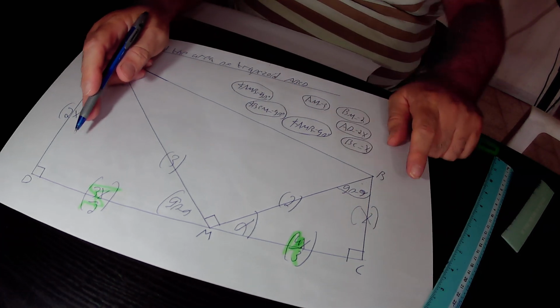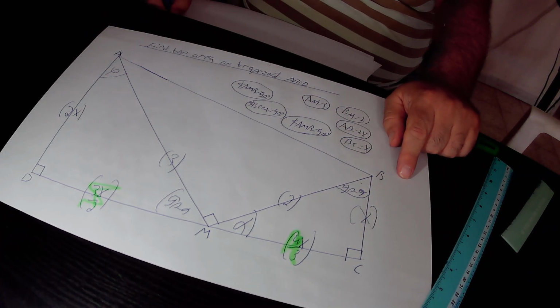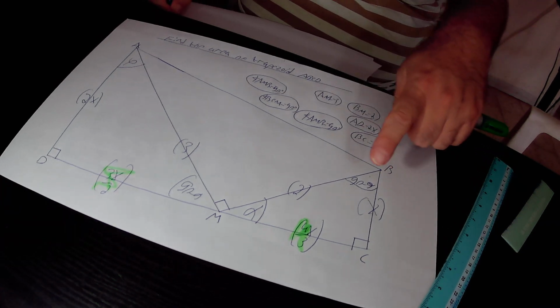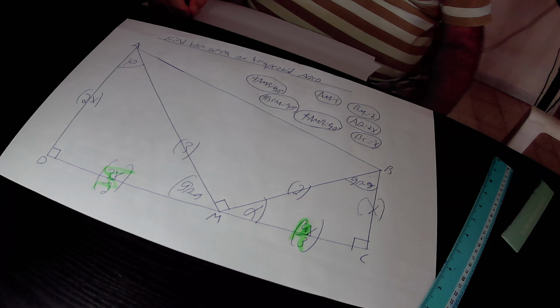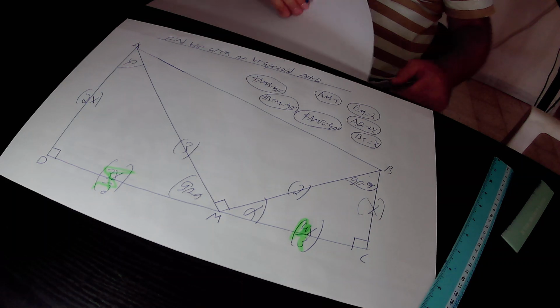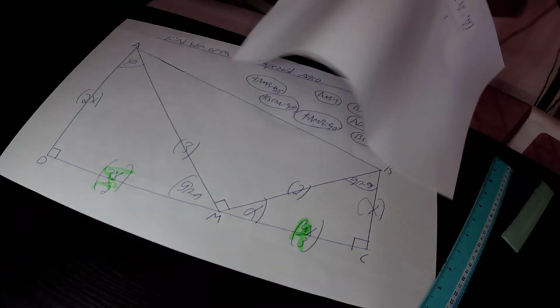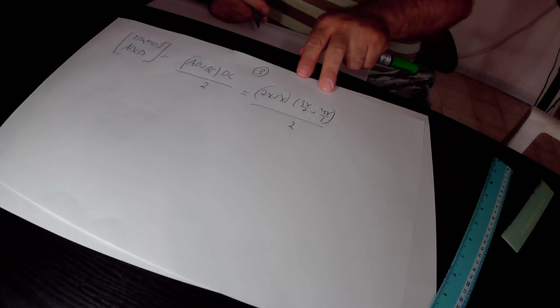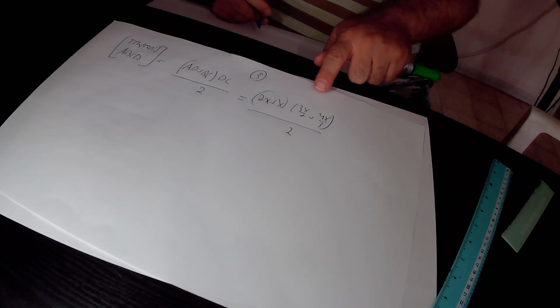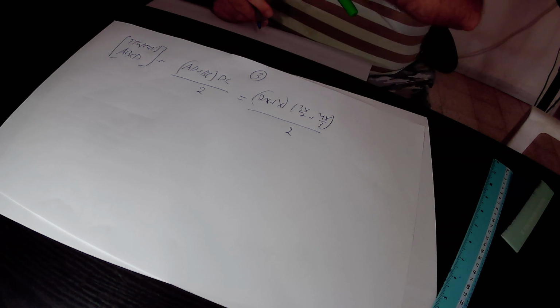DC in total equals 3x over 2 plus 4x over 3, divided by 2. So I put again, the area of this trapezoid ABCD is equal to 2x plus x times 3x over 2 plus 4x over 3 divided by 2.